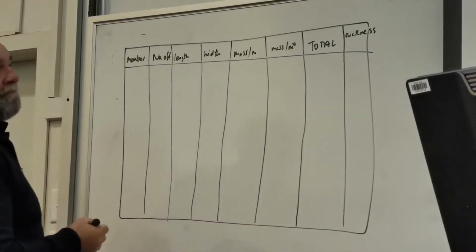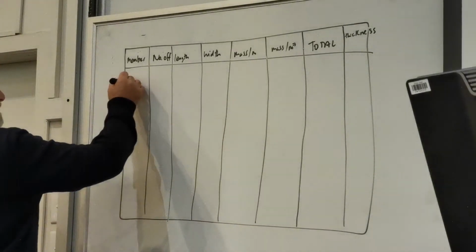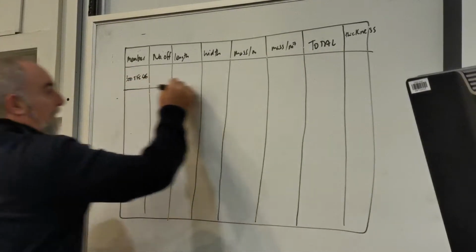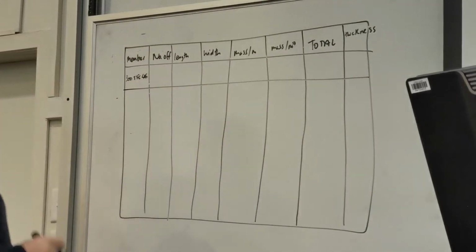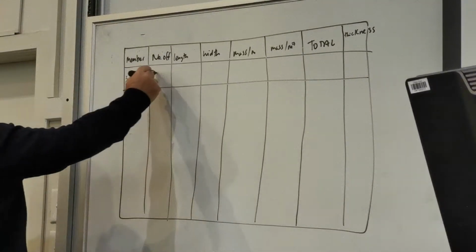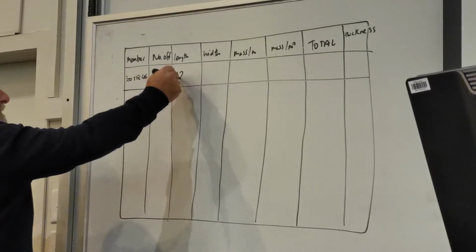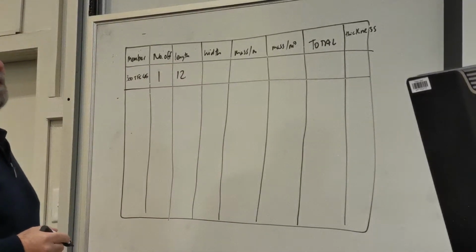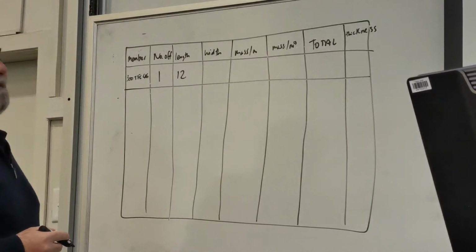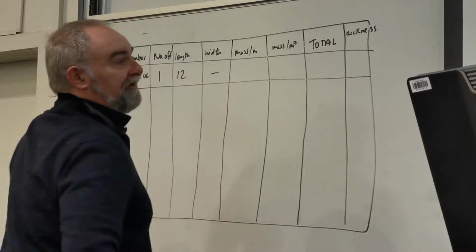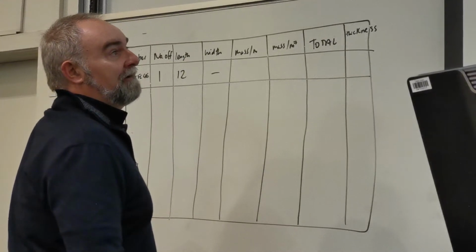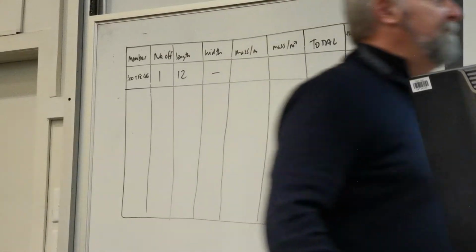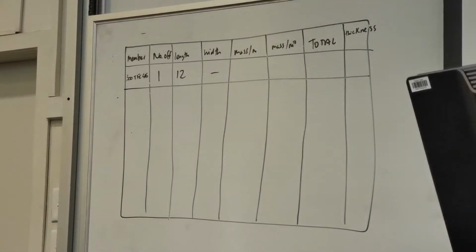Okay, so 300 TFC 46. There's one of them, it runs the whole length. The whole length in this case is 12 metres. So A is pretty easy. You only have to look up the top to see the length. There's no width. Mass per metre is found very easily by number 46.